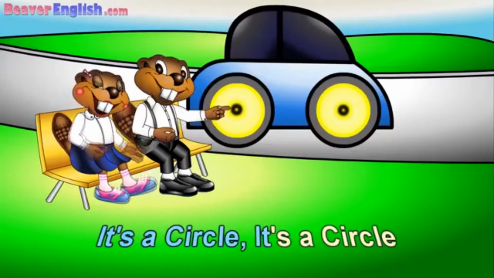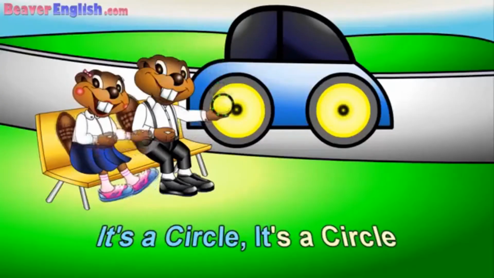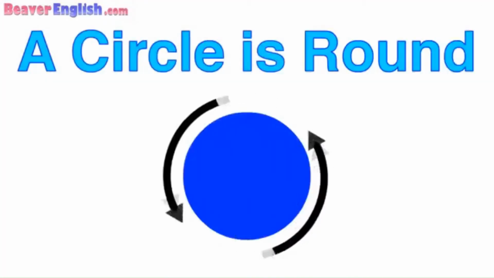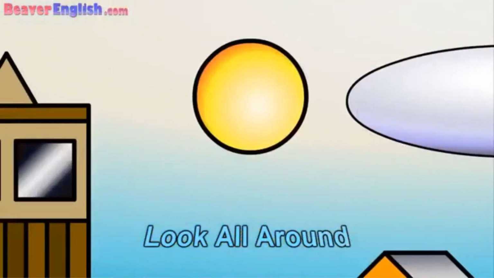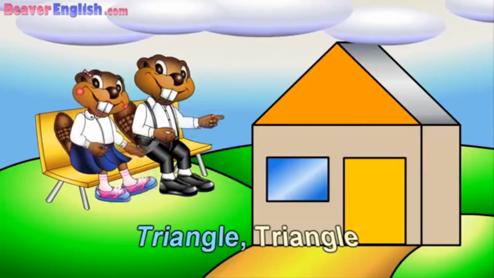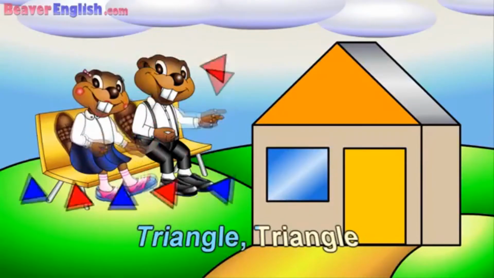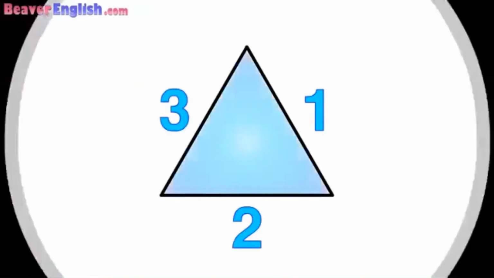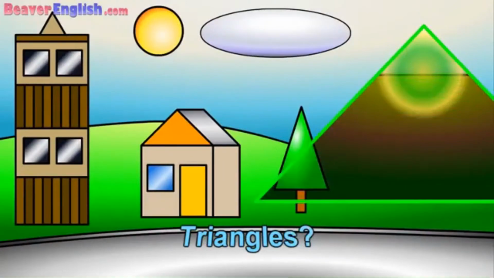It's a circle, a circle is round. Look up and down, look all around. Do you see circles? Triangle, triangle, 1, 2, 3. Look all around you. Can you see triangles?